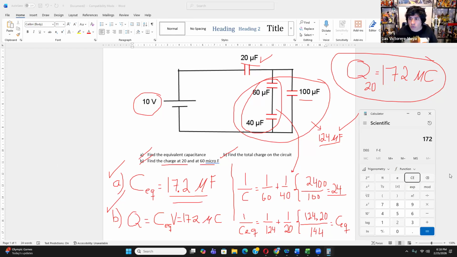So Q divided by C, that's V times... I get 33.29 divided by... 124 is a capacitor.